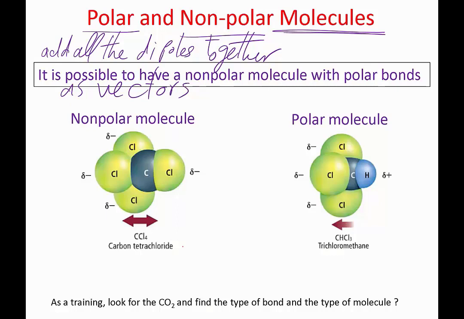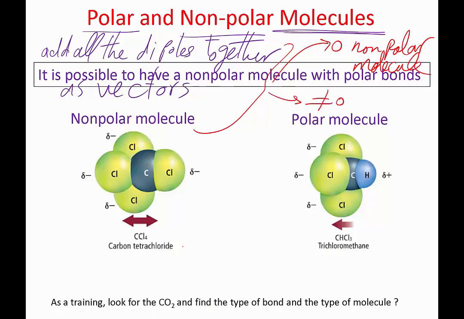If we find the result of the addition is 0, it's a non-polar molecule. And if the result is not 0, it's a polar molecule. Again, the molecule itself, like the molecule of water, the molecule of methane, the molecule of CO2, might be polar or non-polar.